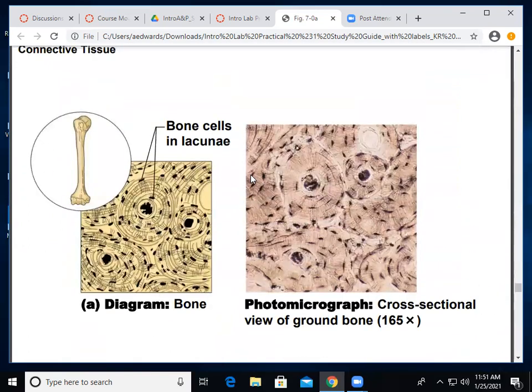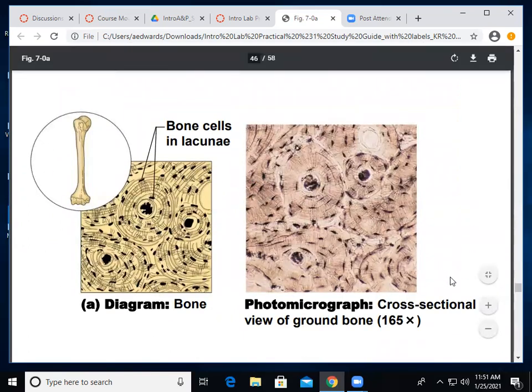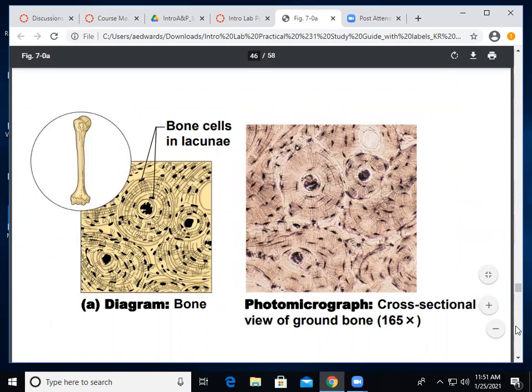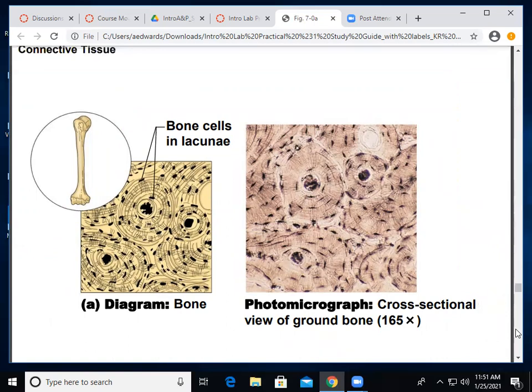This is bone tissue. Okay, bone is connective tissue, right? Essentially connects the structure of your body together, right? So how do you know you're looking at bone tissue? Typically, if you see these circles like this, these rings that look kind of like the rings on a tree, right?